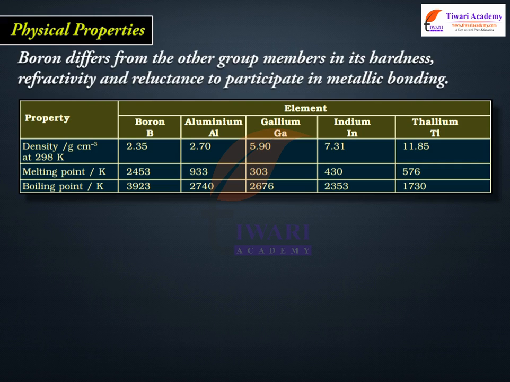The tendency to behave as a Lewis acid decreases in moving down the group. BCl3 easily accepts a lone pair of electrons from ammonia to form BCl3.NH3. AlCl3 achieves stability by forming a dimer. The basicity of the elements also increases in proceeding down the group.